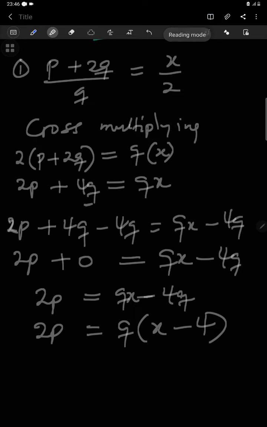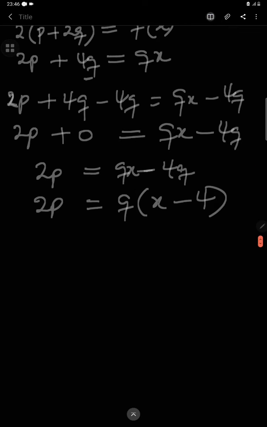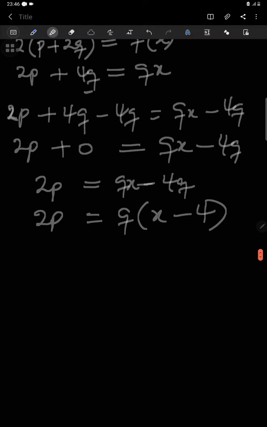I'm making p over q the subject. So at this juncture, I want to divide both sides by q. So 2p, I want to divide through by q.